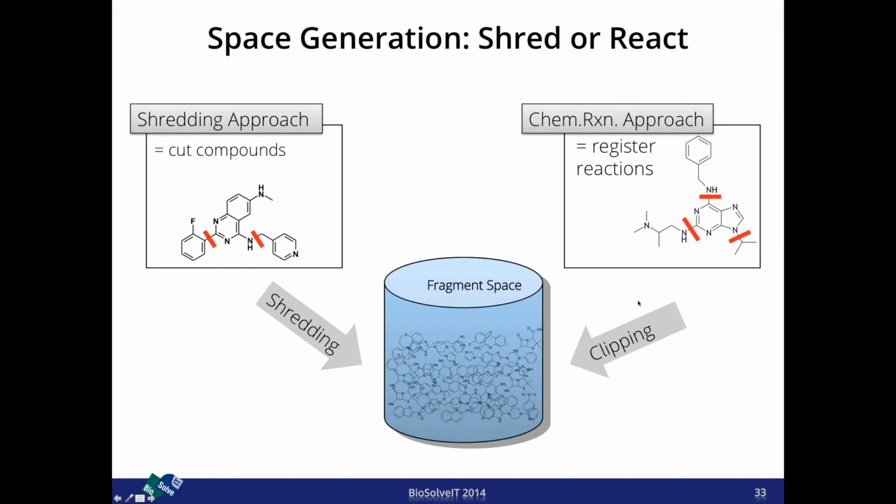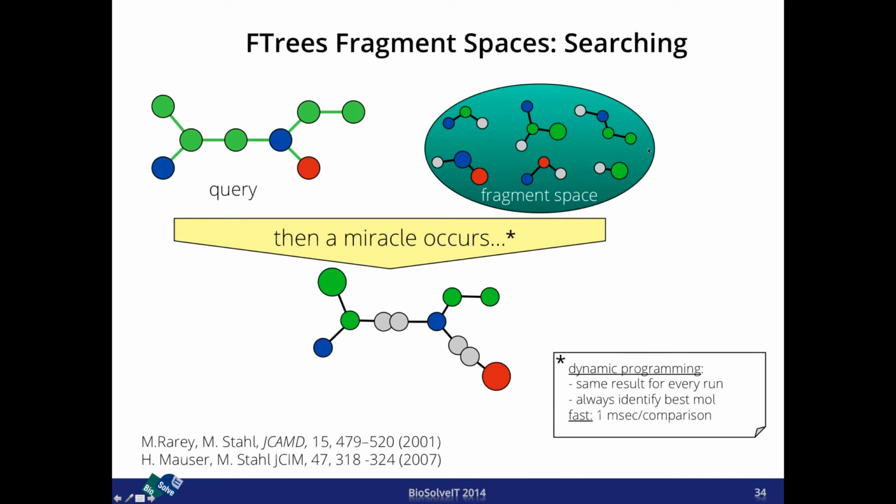And going back here would essentially be driven by the reactions that we used to actually register those fragments and the respective rules. And how could we combine these then in the computer?